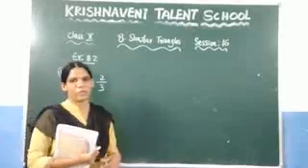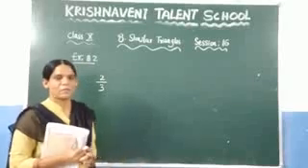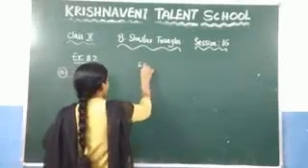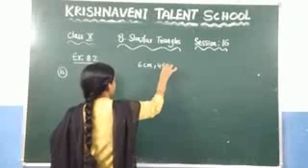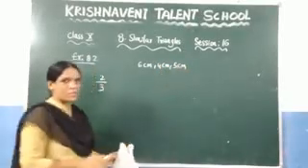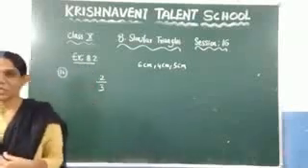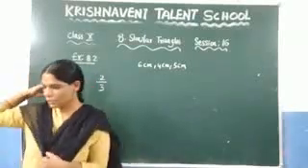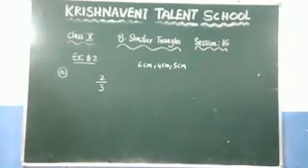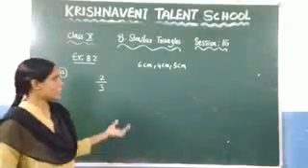So let us see here. First you need to draw the triangle by taking the sides, which are 6 centimeters, 4 centimeters, and 5 centimeters. By taking these measurements, you need to construct the triangle first, and then draw the similar triangle. Since the base is not given, you can consider any side as base.